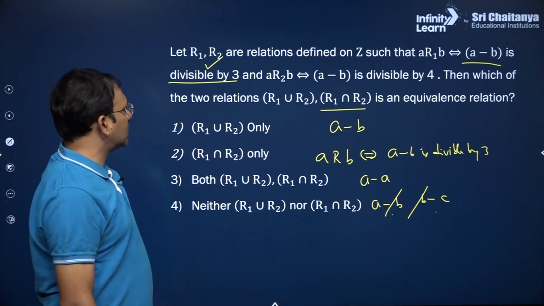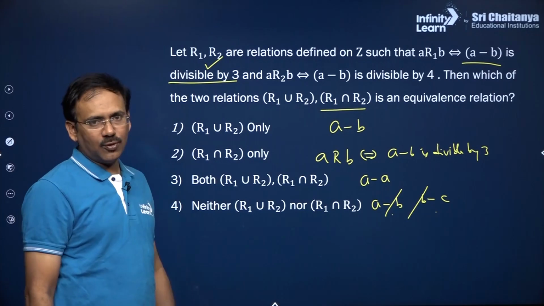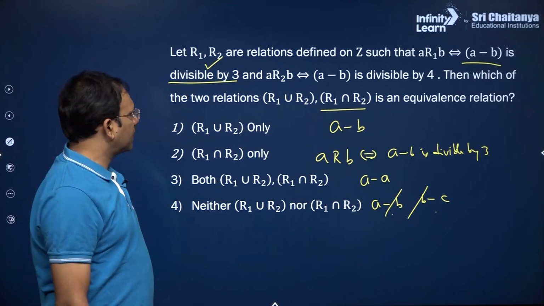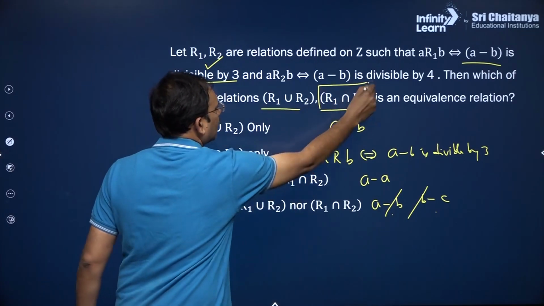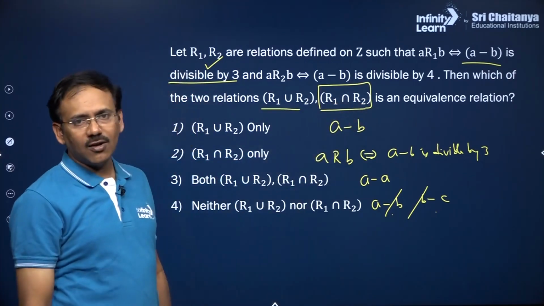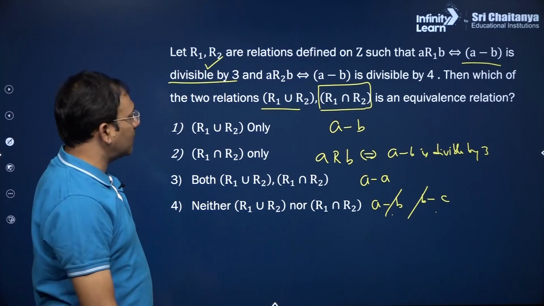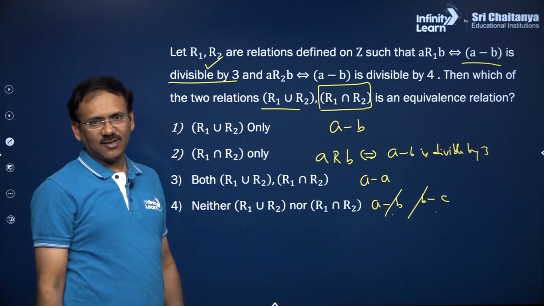So, we can say, my dear friends, union of these two I can say. So, the second one you need to check, R1 union R2, but if two equivalence relations, the intersection is always equivalence and union may or may not be equivalence, okay.